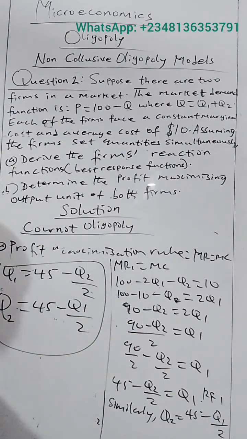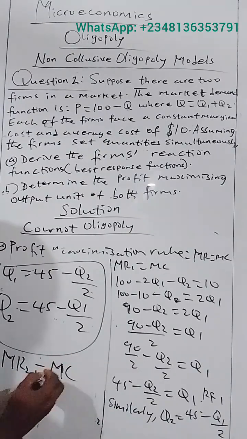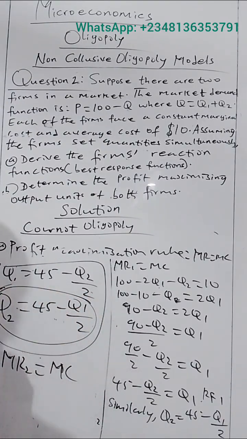So you might want to prove that. You can also set MR equal to MC and see whether you get this or not. Definitely you are going to get this. But we are not going to do that in this class in order to save time.